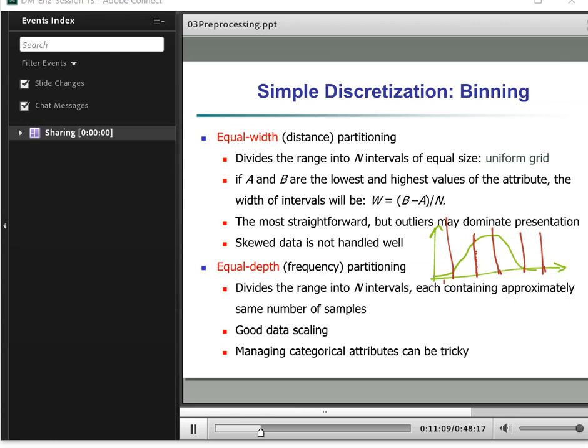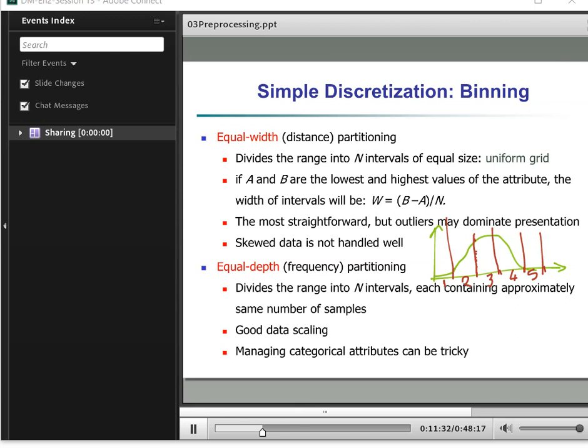In this case, you can see that we have, for example, 6 bins: 1, 2, 3, 4, 5, and 6.